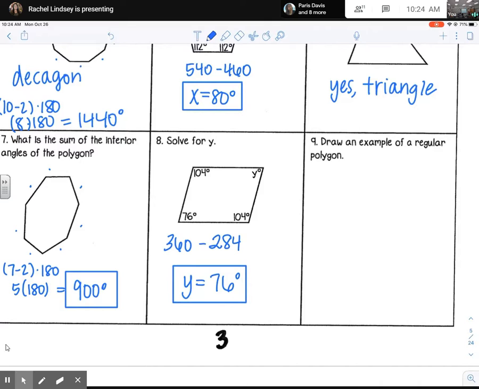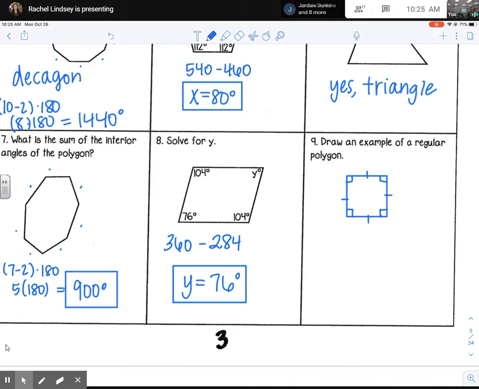Okay, then it wants an example of a regular polygon. That could be any equilateral or equiangular polygon. You can draw a square, a rectangle, well, a square would be regular, not a rectangle. A square would have all right angles, and all 4 sides will be the same.